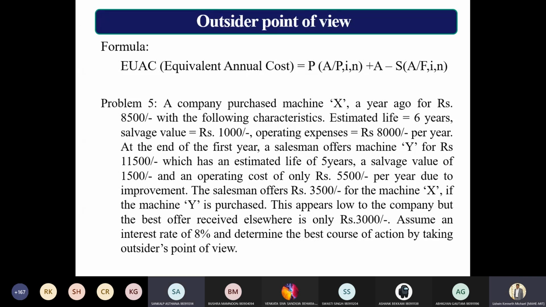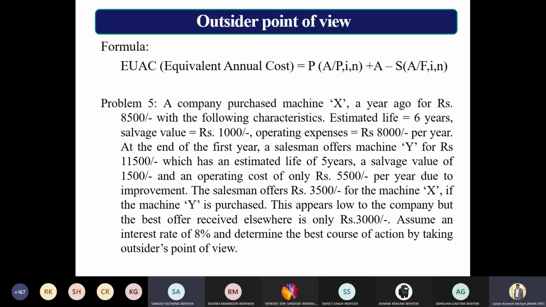Okay, see, when the outsider becomes the buyer, he knows the cost of the new machine to be 11,500. Whereas the cost of the old machine is given in the question itself. The best they can offer is 3,500.